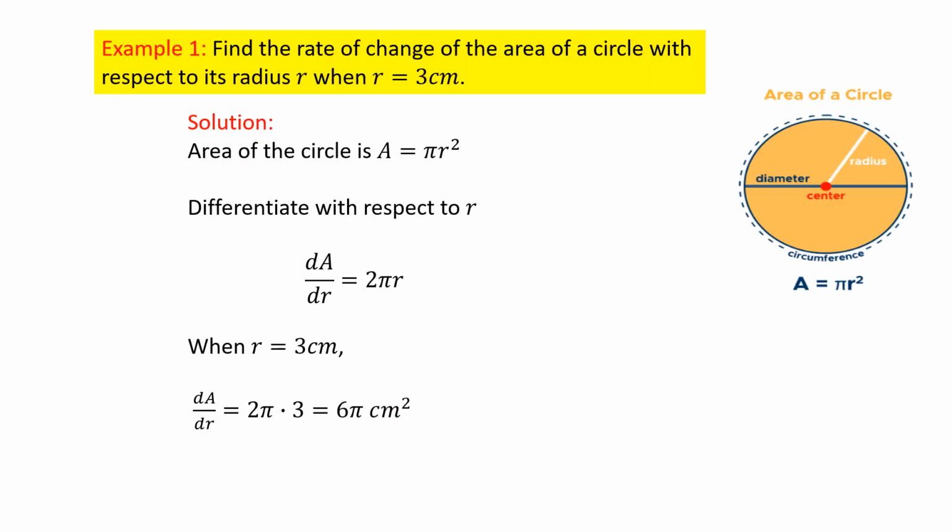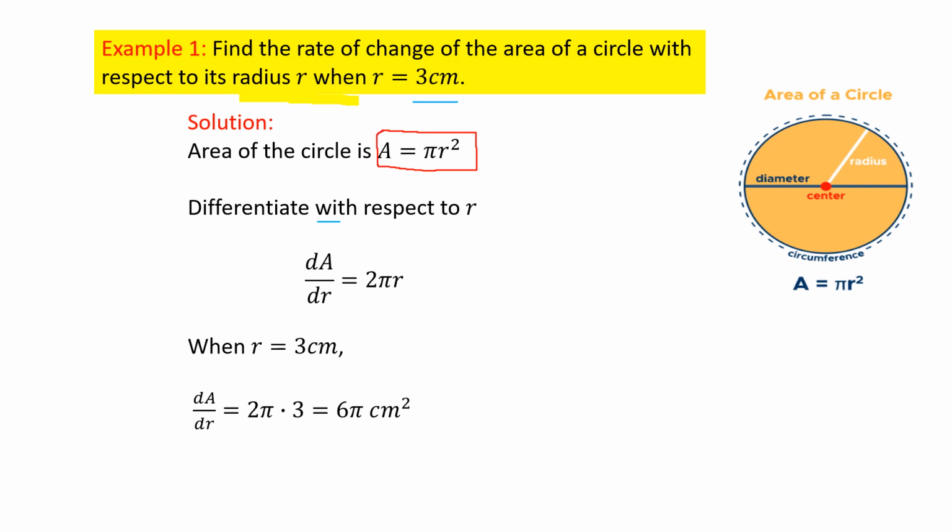Find the rate of change of the area of a circle with respect to its radius r, when r equal to 3 centimeter. Okay, so in the previous slide, we have given three formulas. The first formula is the area of the circle. We know that the area of the circle, capital A, is equal to pi r power 2.